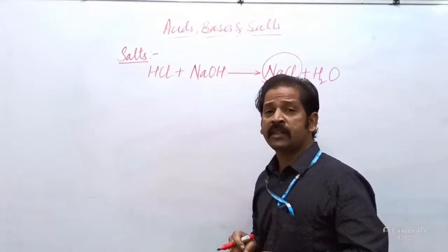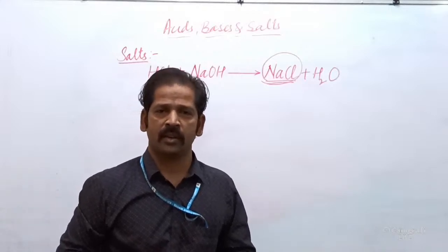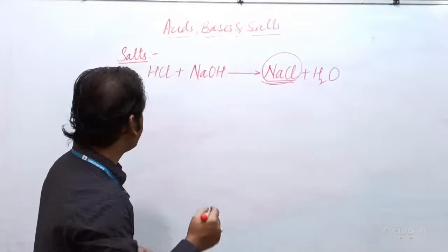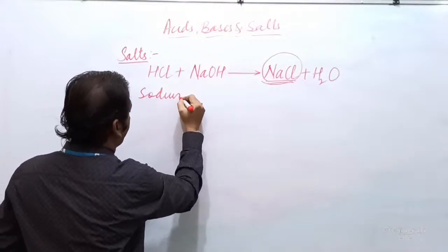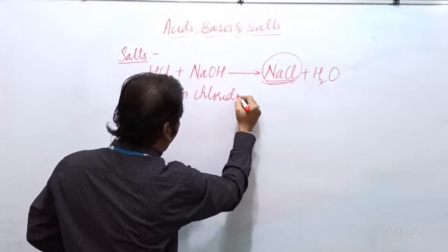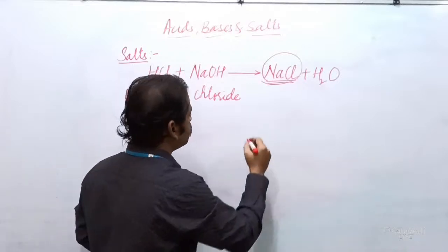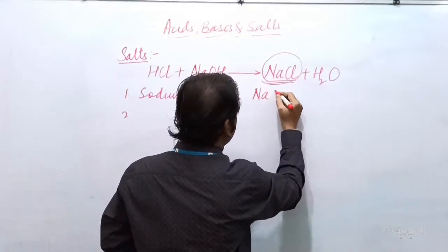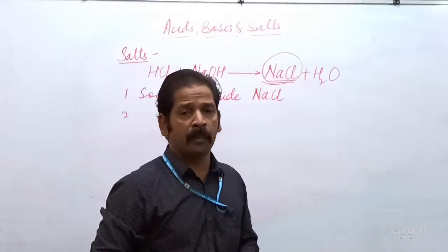Actually, for your syllabus, there are 5 different types of salts. The first salt is sodium chloride. The second salt is bleaching powder.